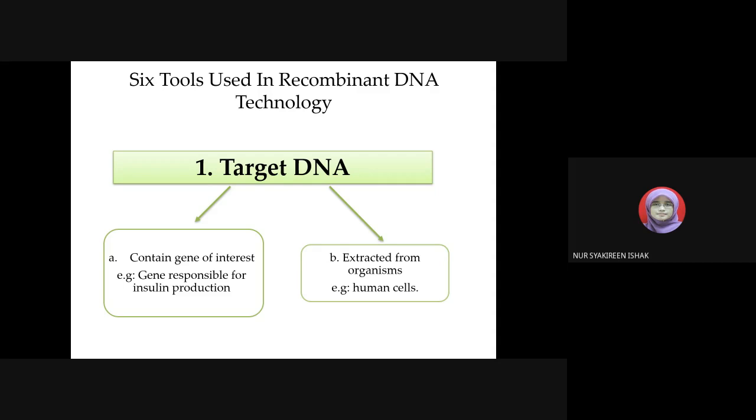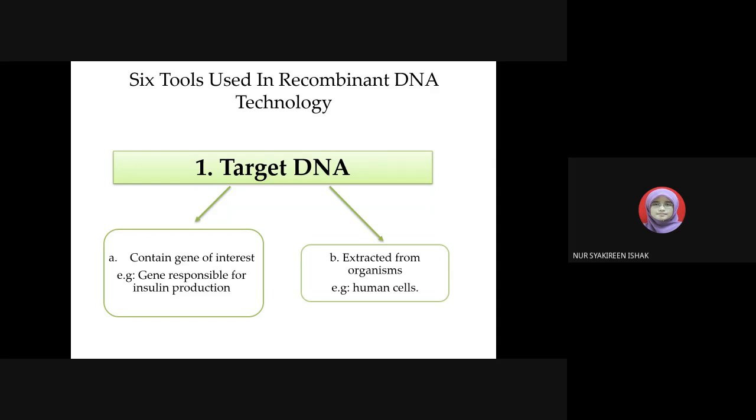Okay, so target DNA. So target DNA is the DNA that you target that has the gene of interest that code for the production of certain protein products, enzyme or hormones. So that one kena determine lah nak ambil daripada organism apa, kan, manusia ke haiwan ke, so you have to determine.